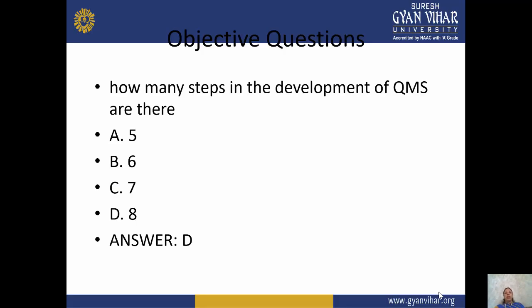Now we'll discuss some questions related to quality management system. How many steps are there in the development of quality management systems? Is it 5, 6, 7 or 8? The answer is 8. In quality management system development, 8 stages are there.